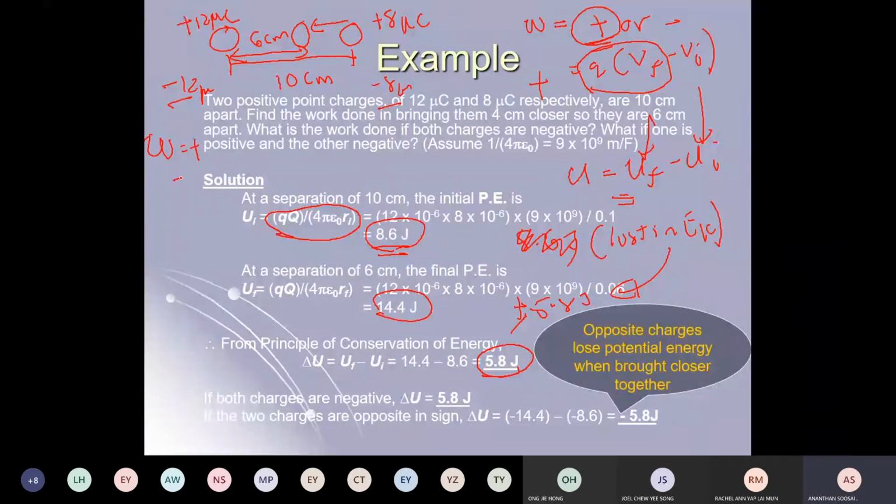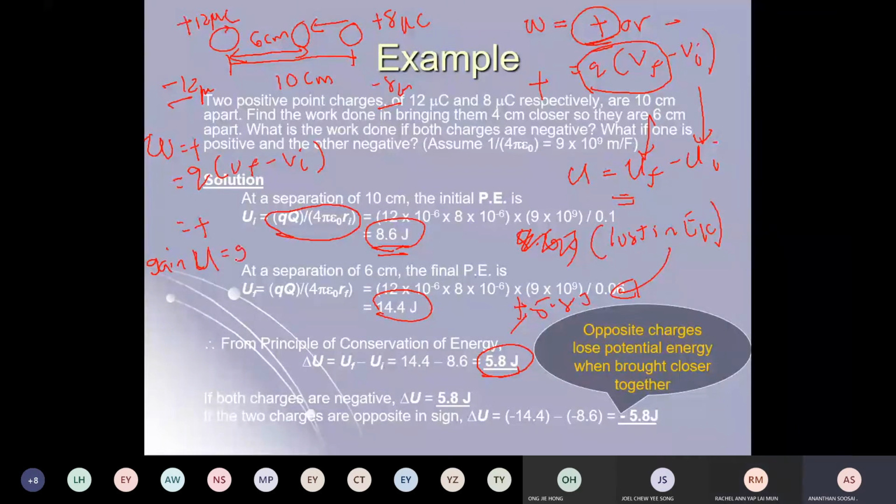If you don't realize, you just do Q times final potential minus initial potential. The final potential is going to be bigger than the initial potential. You will get a positive answer when you put in the numbers. So negative 12 and negative 8 get closer, you do positive work. Do you gain or lose potential energy?